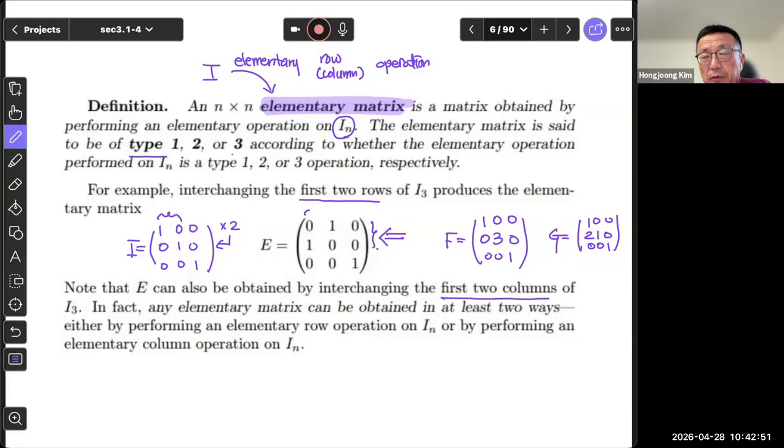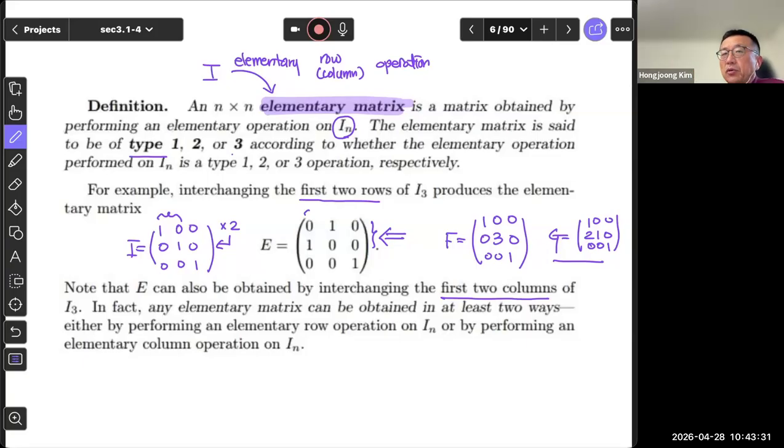In a similar way, F can be obtained by multiplying 3 to the second row of the identity, but F can also be obtained by multiplying 3 to the second column. And G is obtained by multiplying 2 to the first row and adding it to the second row, but you also get G when you multiply 2 to the second column of the identity matrix and add it to the first column.